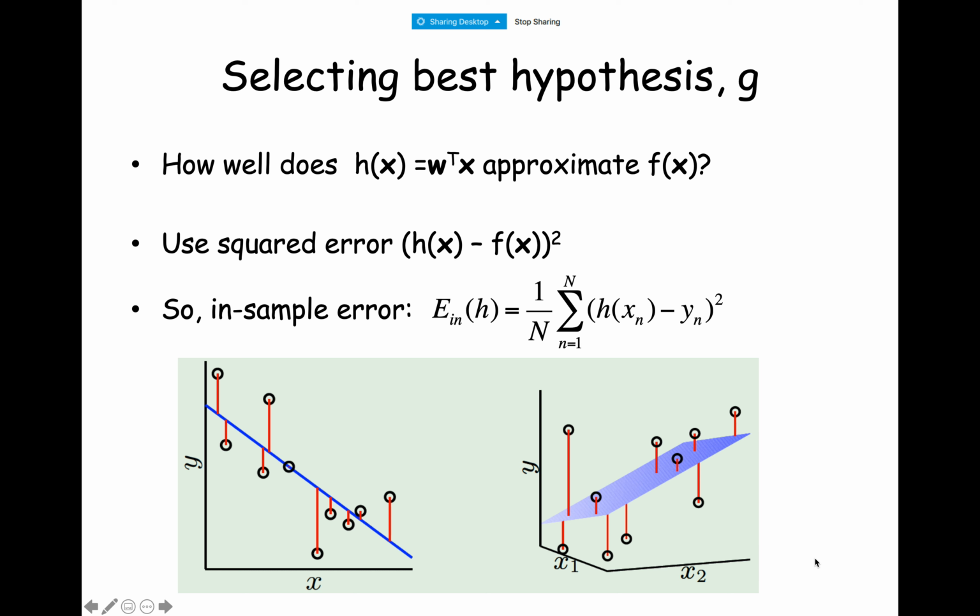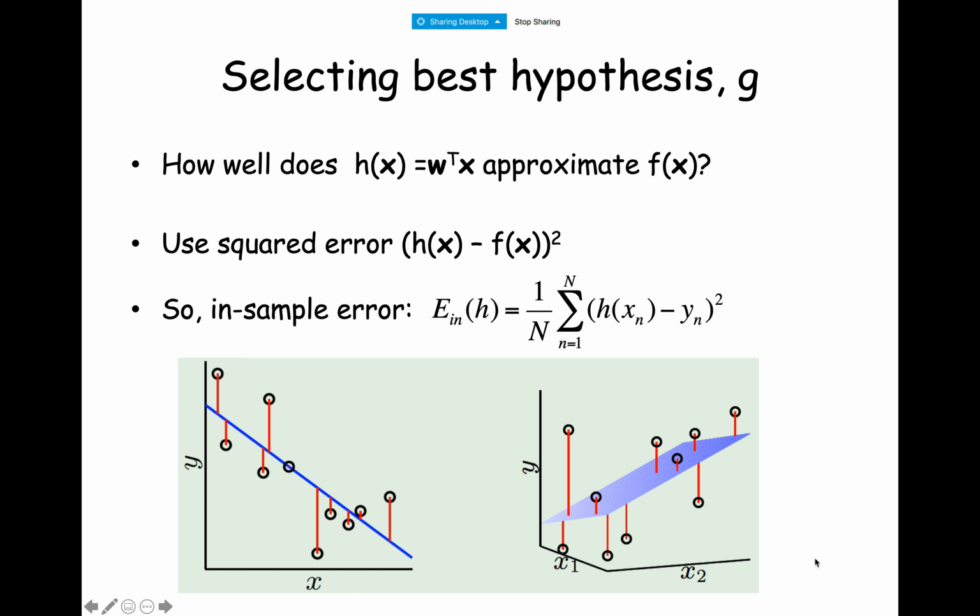When we last left off, we talked about our hypothesis g, and we gave two examples. In the frame on your left, we have a single dimensional, 1D, regression model. Of course, the graph is two dimensions, but the horizontal dimension is your input feature, and the vertical axis is your regression output, the real valued label associated with the input.